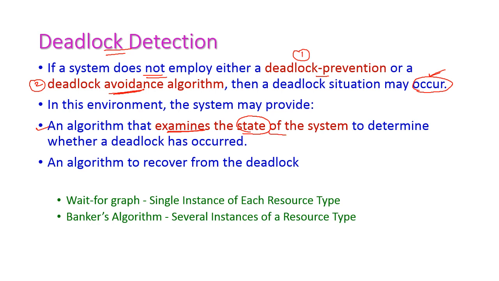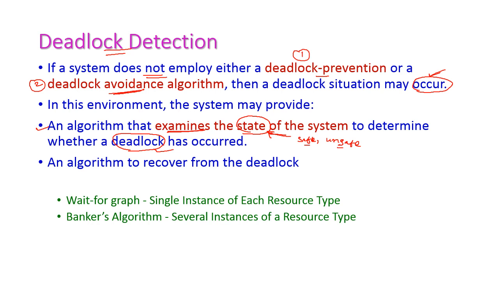That is, we need to test the state of the system, whether it is a safe state or an unsafe state. If it is unsafe, then there is a chance of deadlock occurring.